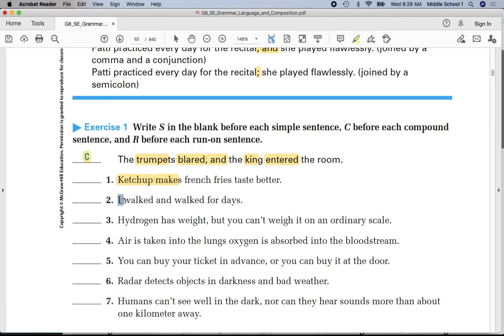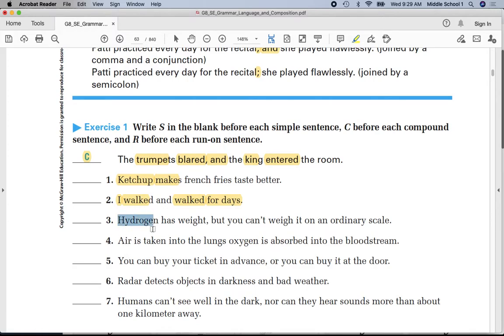Number 2, I once walked twice. Parentheses around 4 days. One subject, compound predicate. Number 2, S, simple.